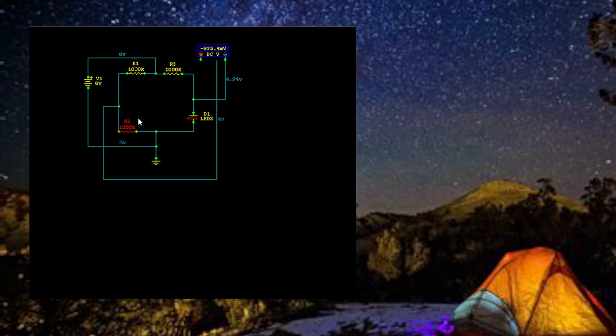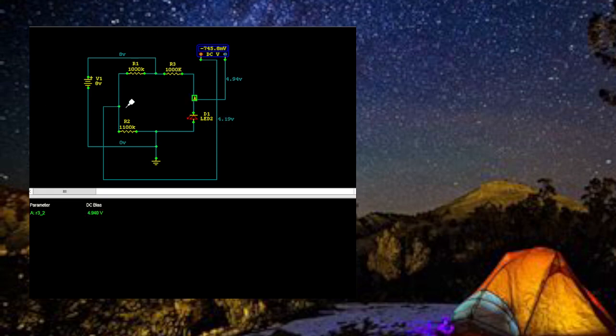Let's try. So what we can do is we can use fixed resistors for the 2 top branches and a variable one at the bottom. We're getting closer.